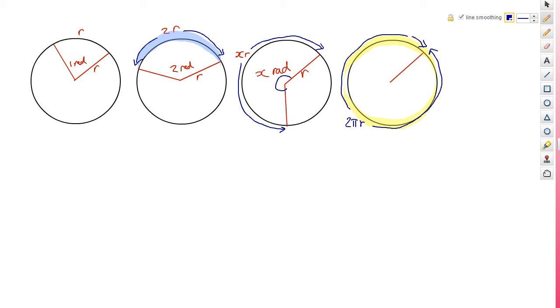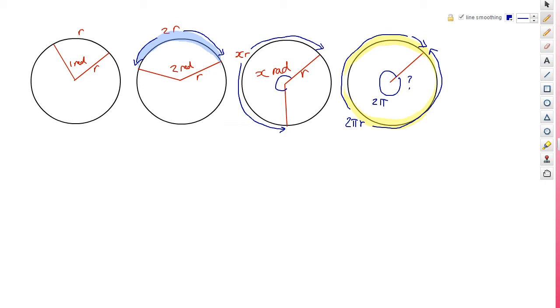But that means that the angle in there, what would it be? Well, it must be 2 pi, because whenever we multiply the angle by r, we always get the arc length. X times r gave us xr, 2 times r gave us 2r, 1 times r gave us r. So that's the beauty of the radian. We can see that the complete angle around a circle is equal to 2 pi radians.